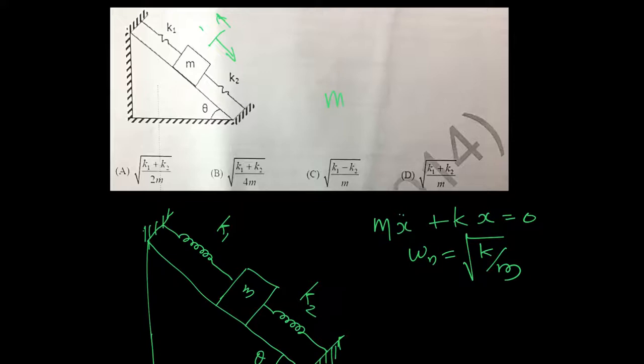Given that, what will be the force that resists that sort of motion? If there is any force that resists that motion, then it has to come from these two springs. If this mass is moving over here, K2 will resist that motion in the upward direction, and on the other hand K1 also resists that motion by exerting a pull on this mass in the upward direction.